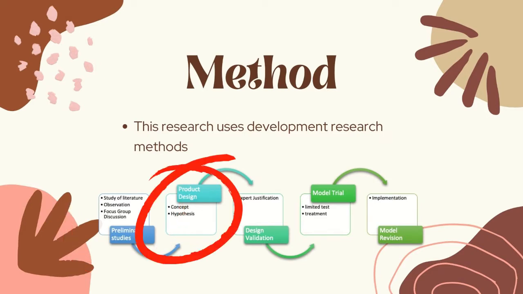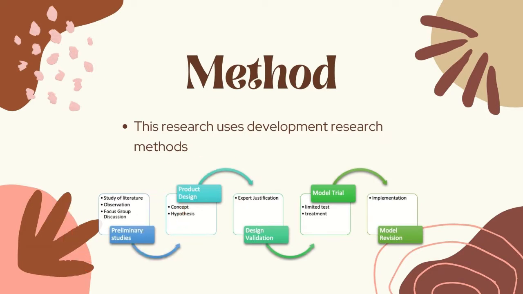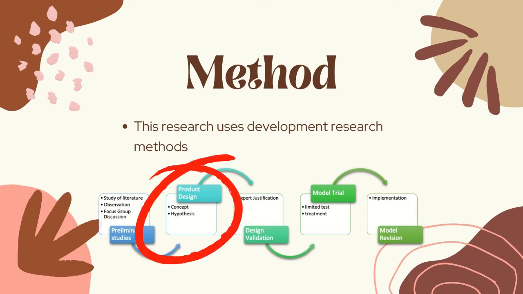And then product design: the researchers developed the concept of a visual communication method to create independent teaching materials. The design here is still hypothetical and has not been tested for correctness and reliability.